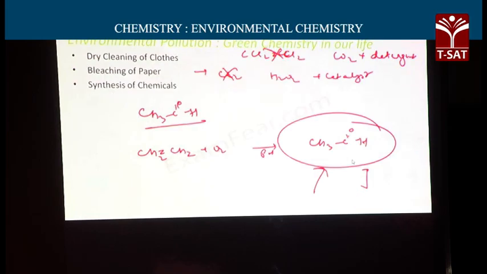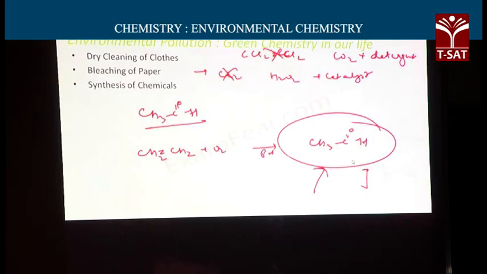Let us talk about green chemistry in our day-to-day life. Being citizens, we have to control pollution in all its forms. We have to follow the guidelines given by green chemistry.